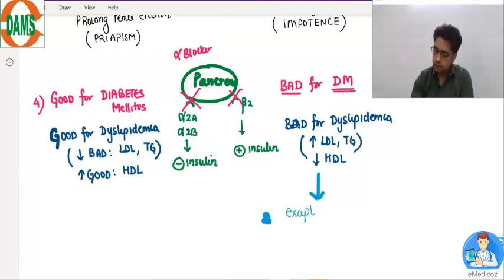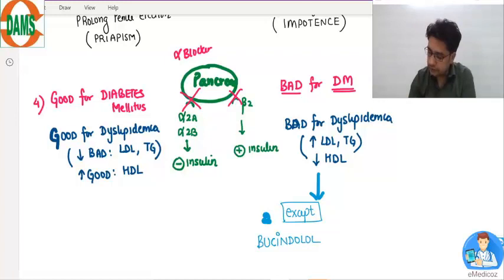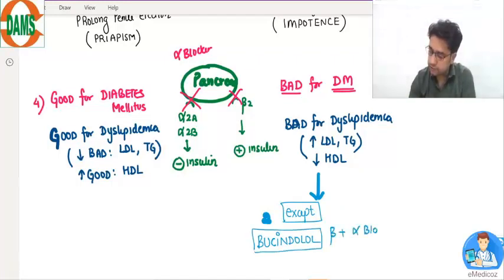Except bucindolol. Bucindolol is a beta blocker with alpha blocking action, and this beta blocker increases HDL level.